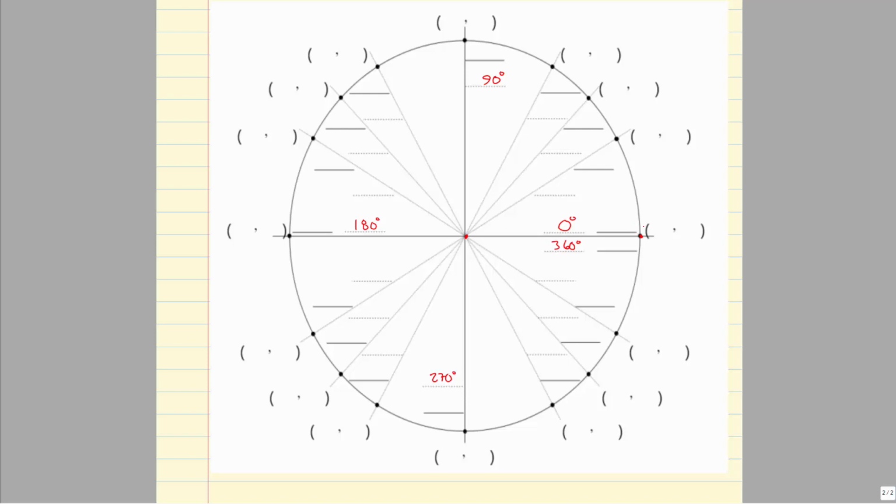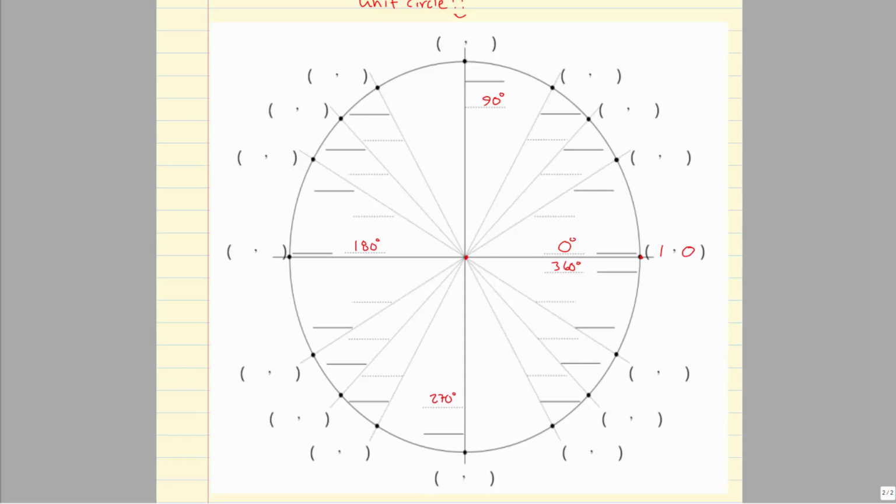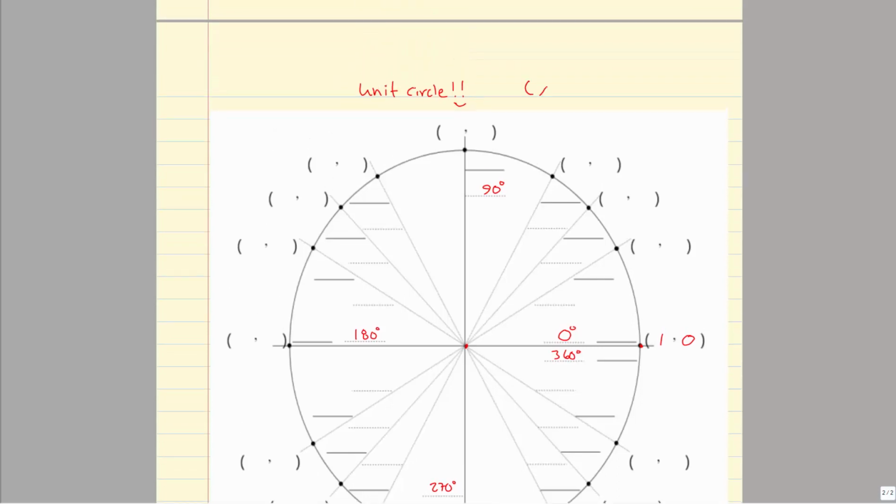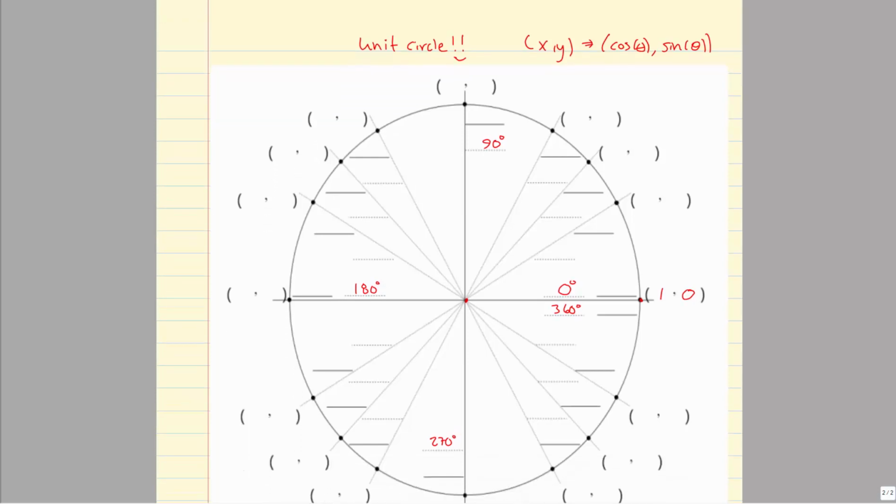Well, that's also my x value because I move 1 unit along the x-axis and I move 0 in the vertical direction, so my y value would be 0. Remember, each one of these ordered pairs is an x value and a y value. And for the unit circle, this translates directly into cosine of theta and sine of theta. So those are for our quadrantal angles.